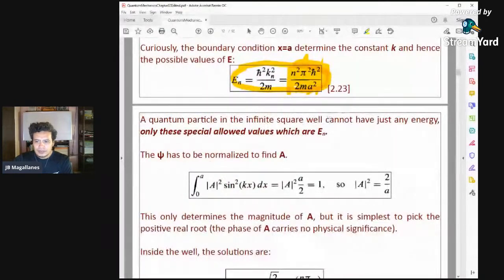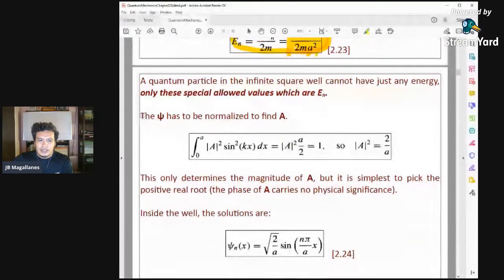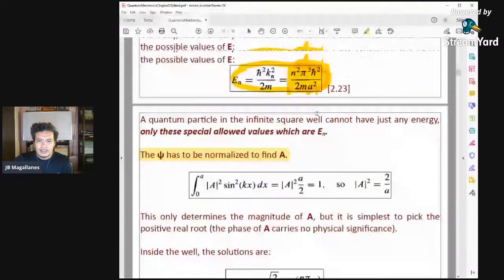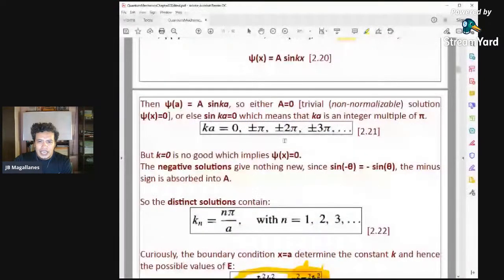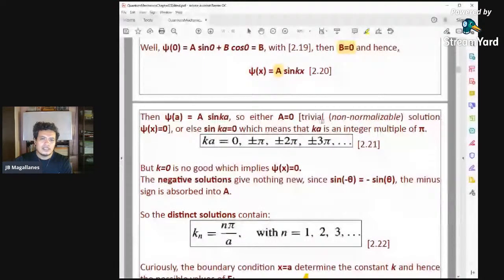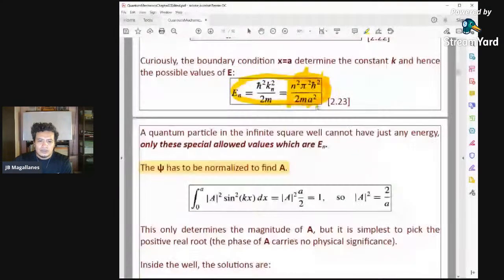So if we normalize phi, we can find a. We have to normalize this phi of x. So we do this as we saw in the first chapter. We do this normalization formula. So you put the phi inside the integral, and then integrate from negative infinity to positive infinity.